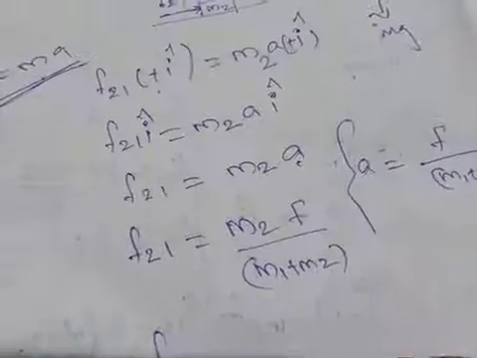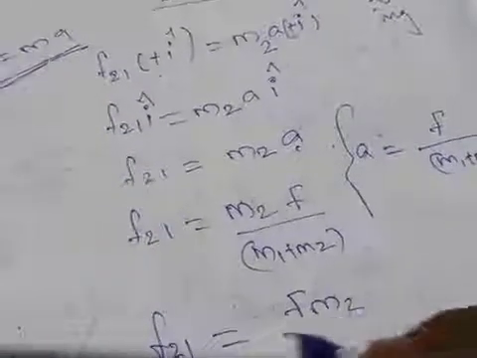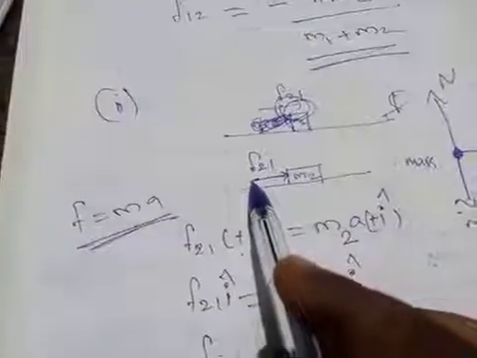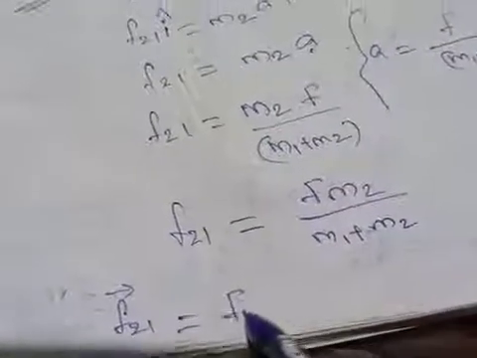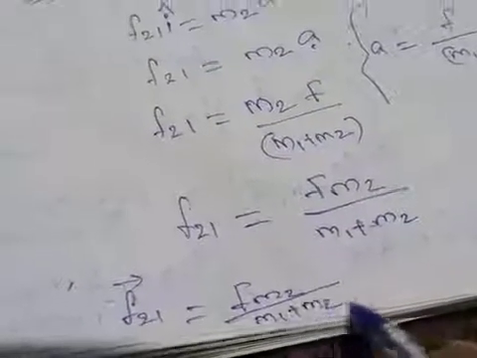So you can write F21 is equal to F m2 by m1 plus m2, and in vector notation we can write the same thing, because in vector notation this force is acting in the same positive x direction, so F vector 21 is equal to F m2 by m1 plus m2 into I unit vector.